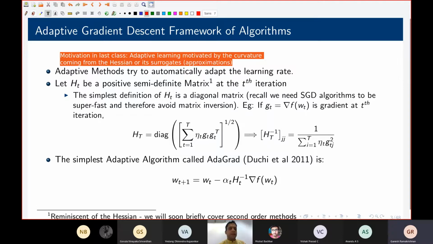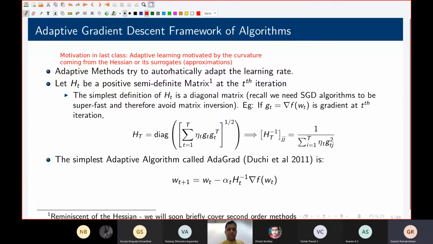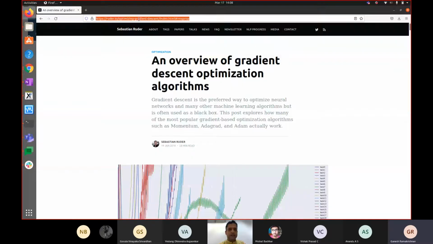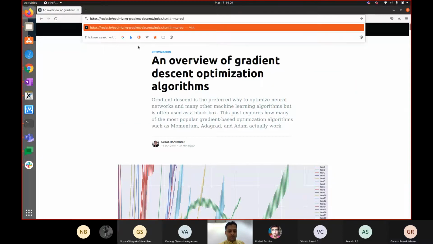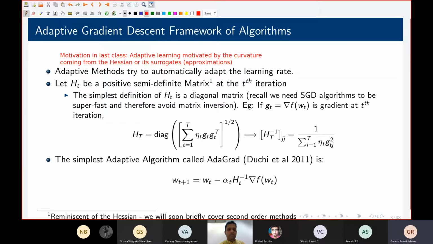But today, I'll be using a different narrative. This very nice ruder.io blog doesn't get into the Hessian part, but gives motivation from the perspective of accumulating gradients.